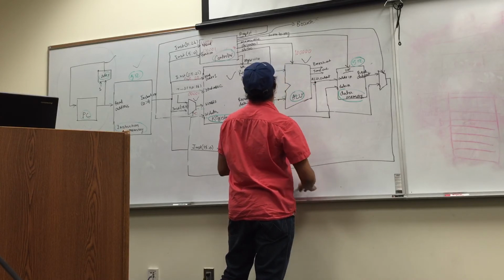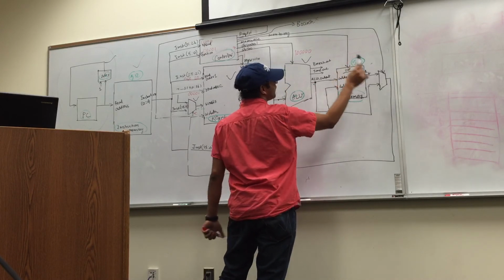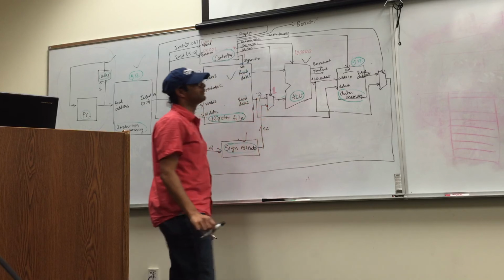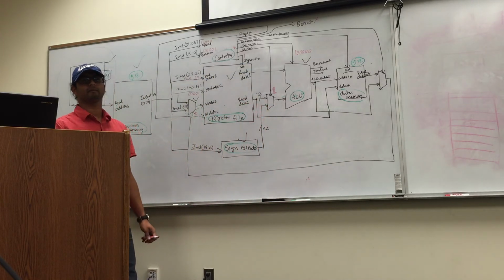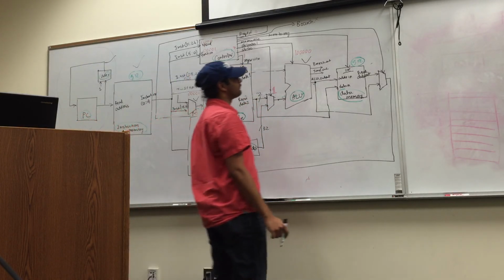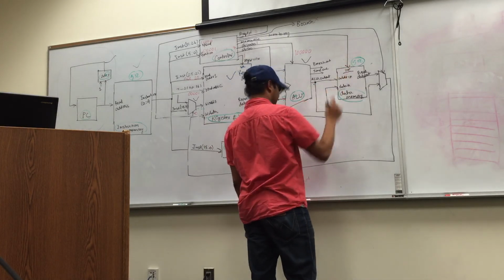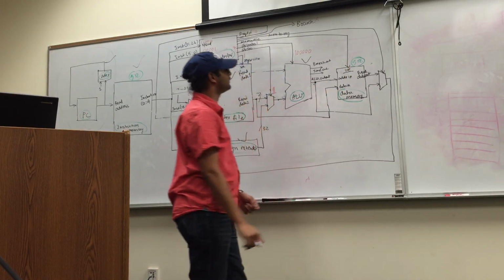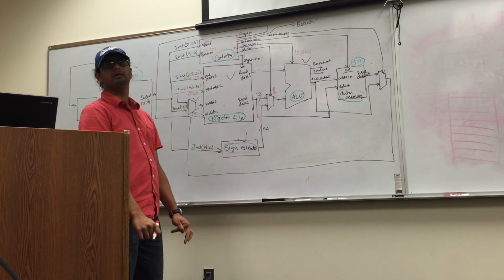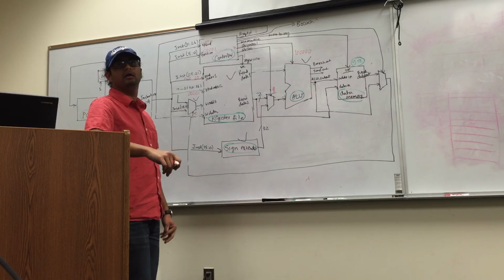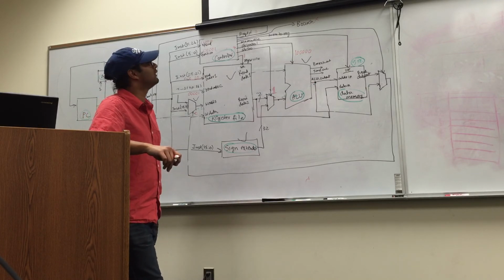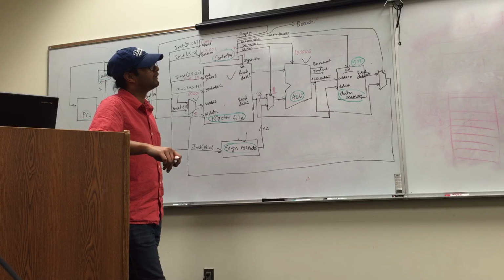So what happens to memory, what happens to this value and what happens to this value? 0. Is it 0? Yeah. Are you sure? Yeah, because you're reading, it's not writing, right? You're reading from memory.